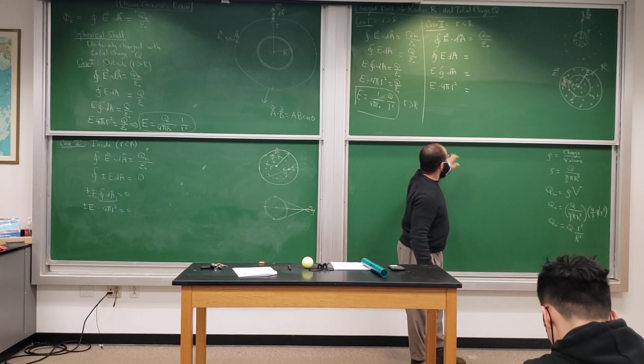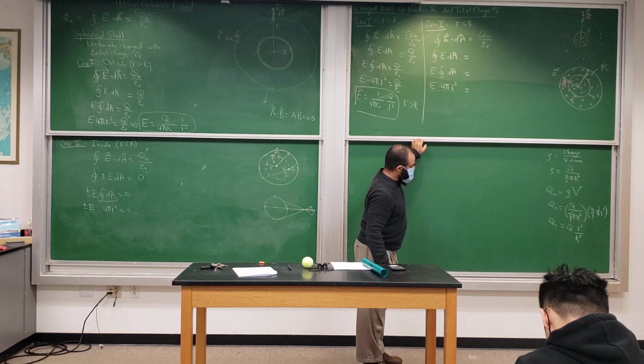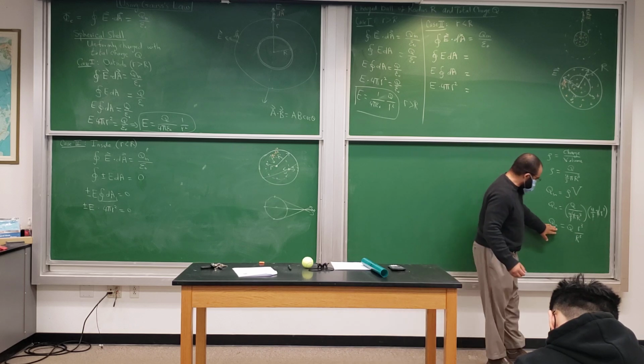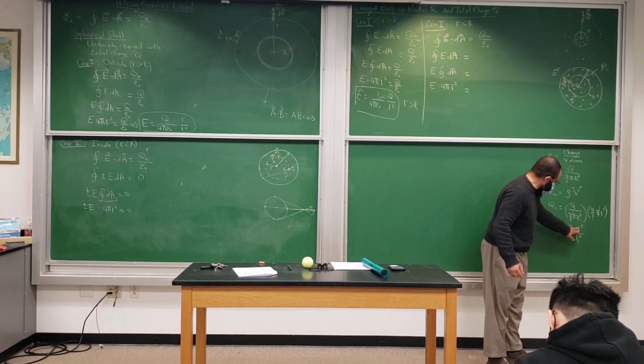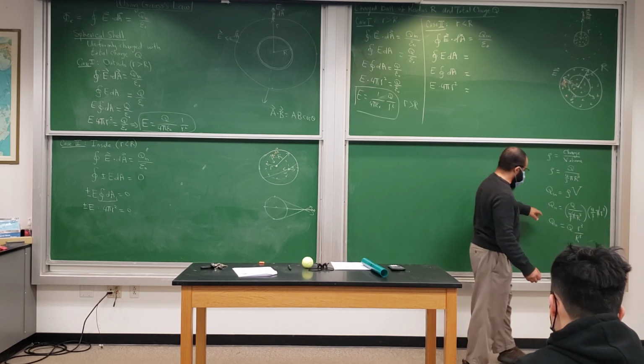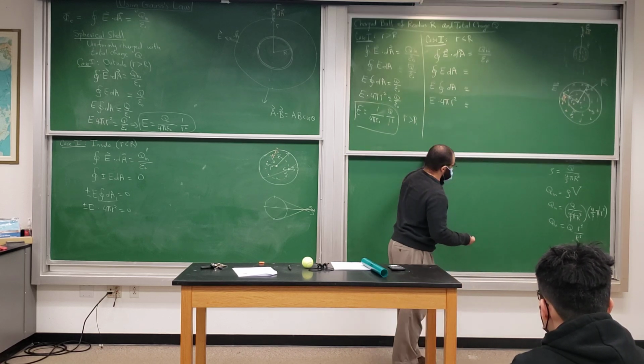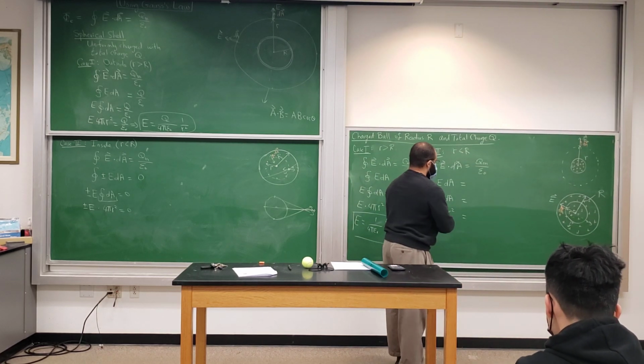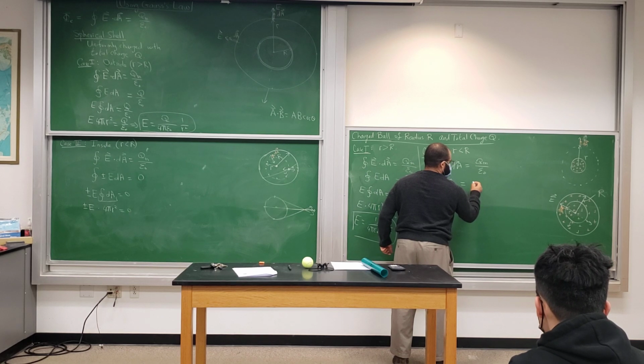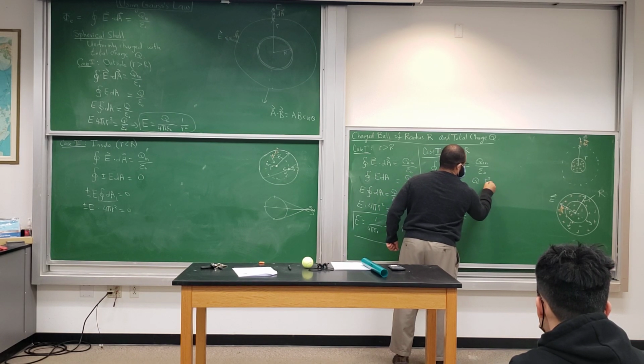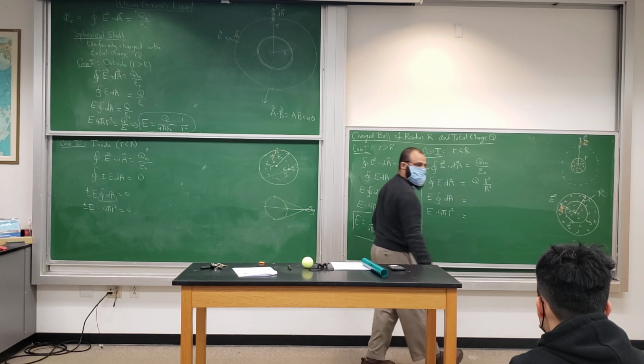But for now, I'm going to copy this. That's what I need from this board: Q r cubed over capital R cubed for this Q inside. So it is Q little r cubed over capital R cubed, right?